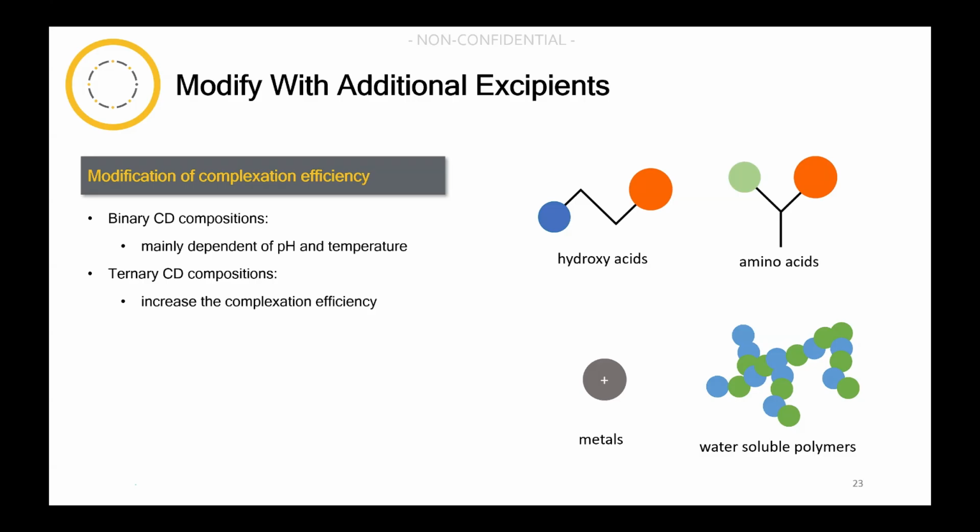Sometimes these additional excipients have a solubility increasing effect. Also, the cyclodextrin has a solubility increasing effect, but using them together, they can have a synergistic effect, and the amount of these excipients can be drastically decreased by these so-called ternary cyclodextrin compositions.